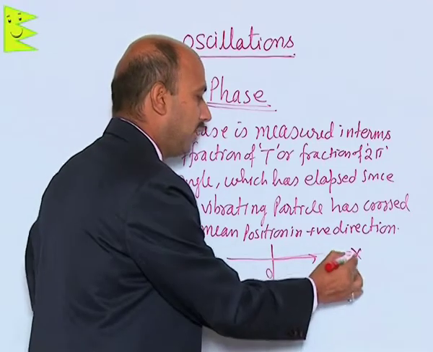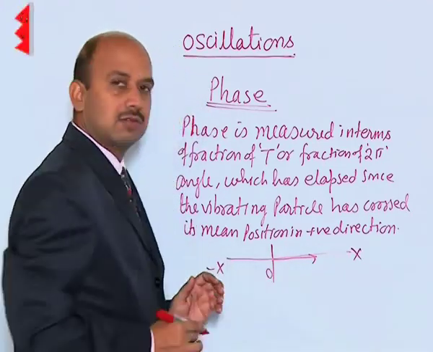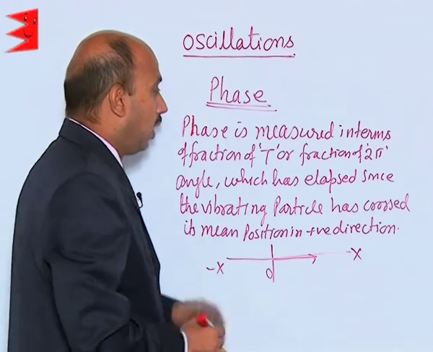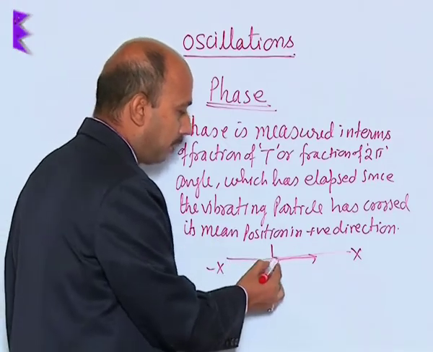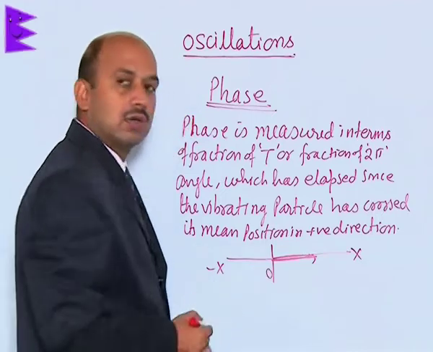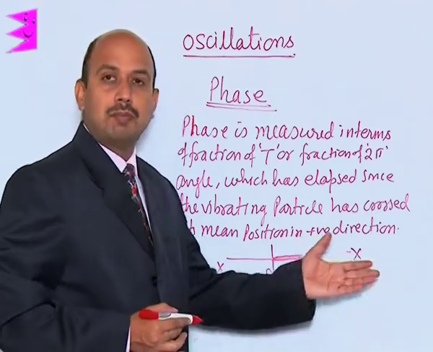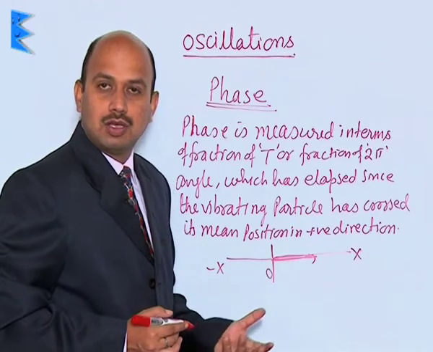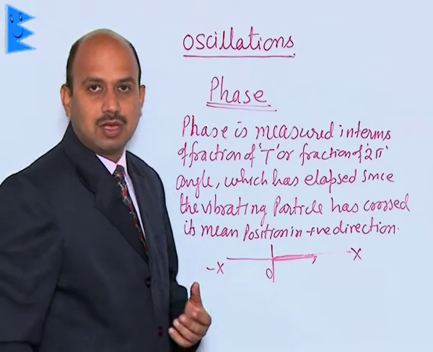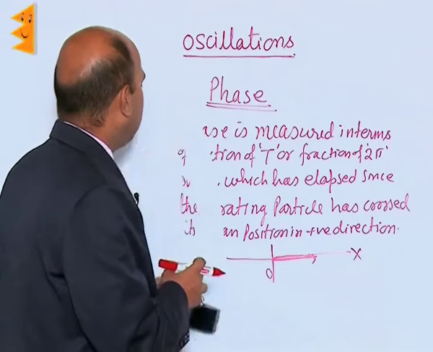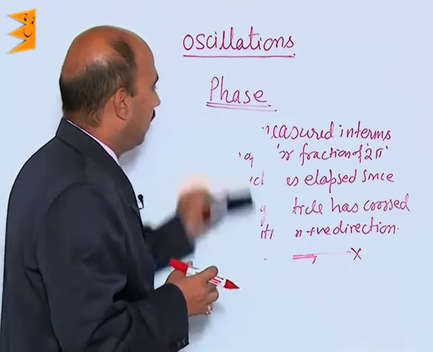This is the positive x axis and this is the negative x axis. So, it is measured since the particle has crossed, or the time has elapsed, when the particle starts moving in the positive direction.